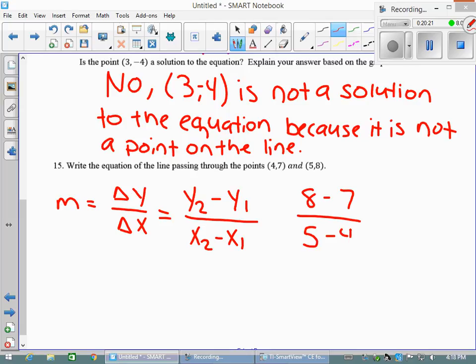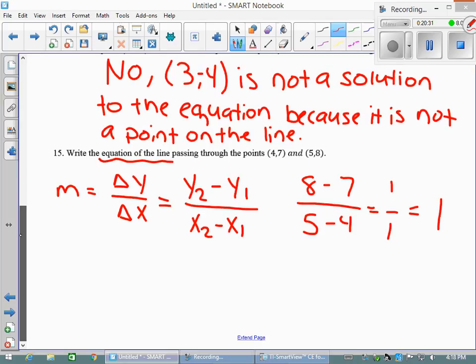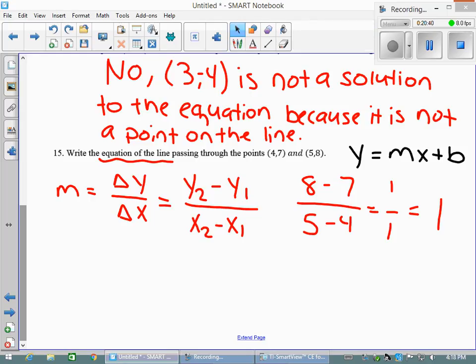Now, we want to write the entire equation of the line. So we know we're going to need something that looks like y = mx + b. All we've done so far is find our slope, our m value. So we need to find that b value. In order to find our b value, we're going to take either point and substitute it in. So I'm going to take this point for 7. I'm just going to rewrite this, y = mx + b.